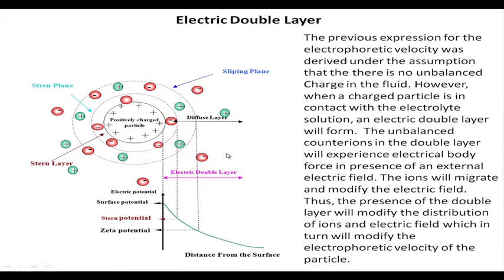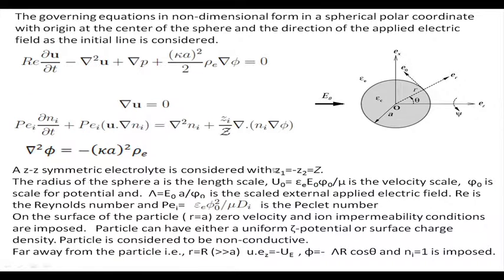And so, the formula we developed in the previous slide is no longer valid. Now, if I want to do the full mathematical treatment, I can write the equations we have already derived. This is the Navier-Stokes equation modified with the electric body force.